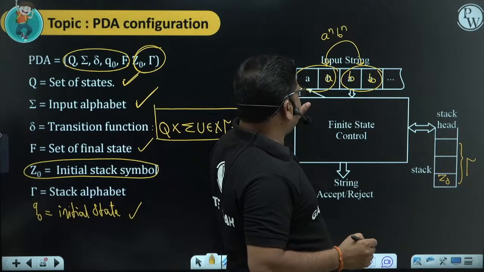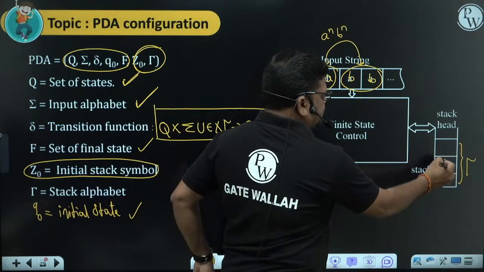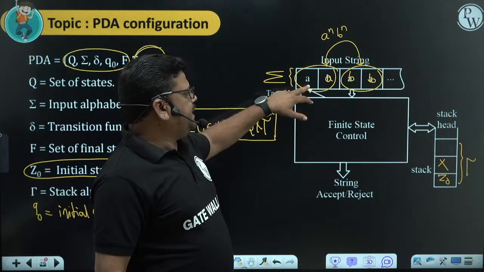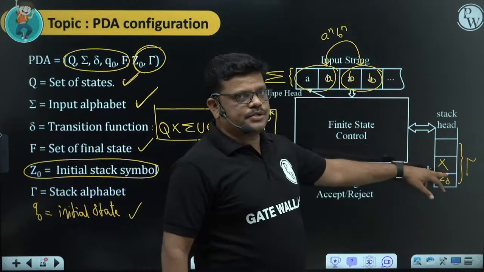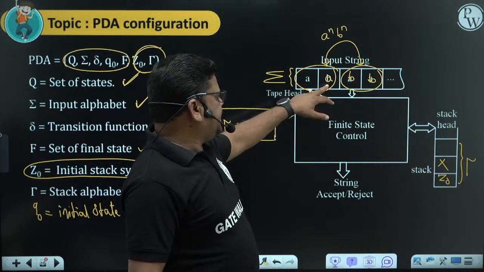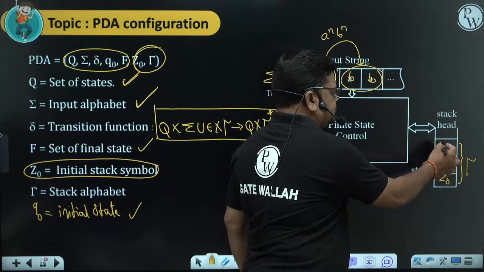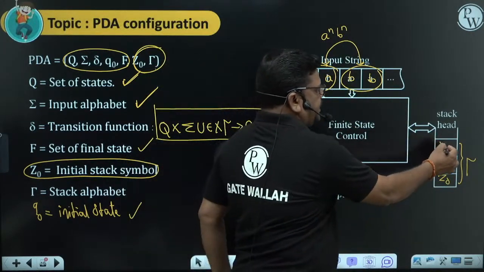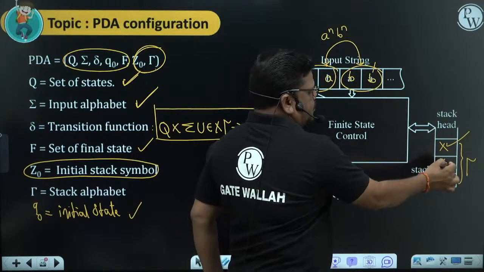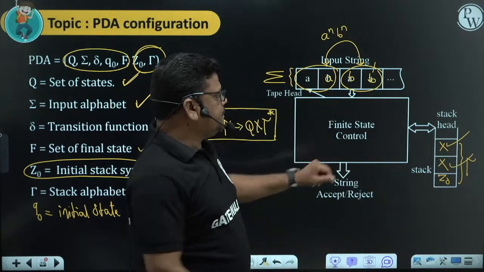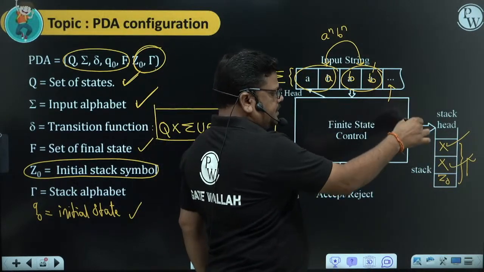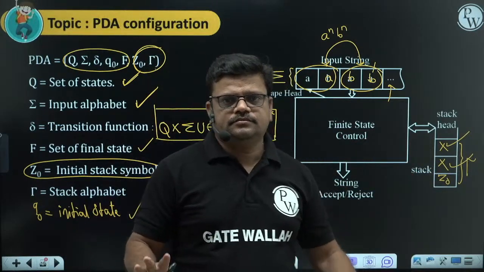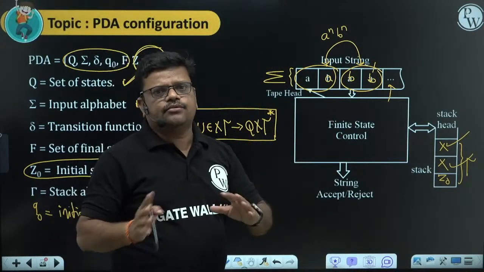So for every A, one X will be pushed into the stack. Whenever the PDA reads A, one X is pushed into the stack. Then for every B, one X is popped out. Like this, B is completed, A is completed, accept.